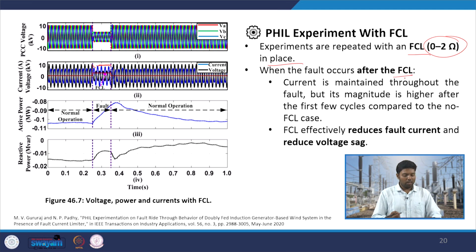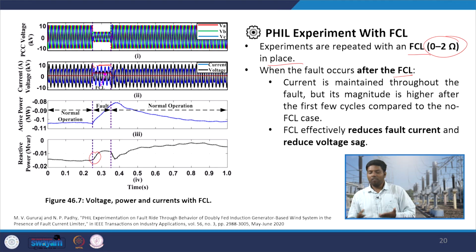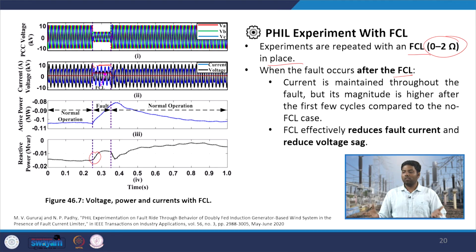With that help you can keep your reactive power supply constant, and you are not exposing the DFIG setup to a very high fault current, at least for a shorter time period.